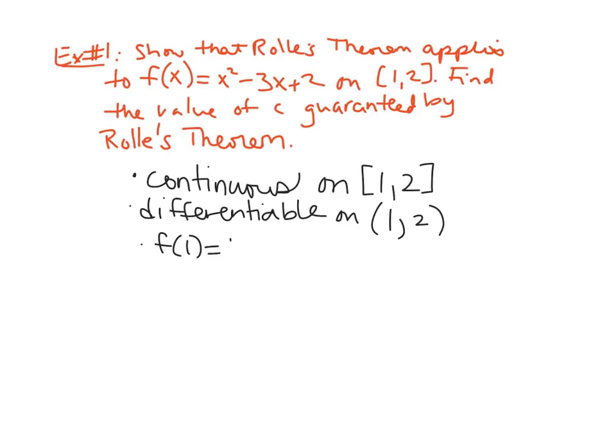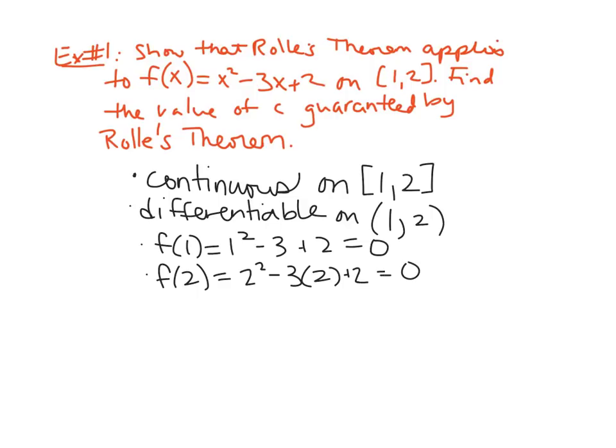If you try f of 1, you do end up getting that your value is going to be 0. If you try f of 2, you end up getting hopefully the same thing. We find that we get 4 minus 6 plus 2, and that's also 0. So f of 1 is equal to f of 2. So this is showing that it applies.